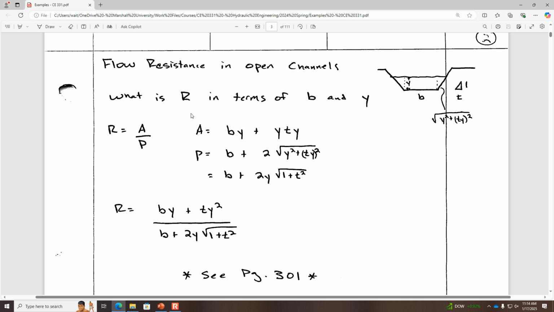And then here is a triangle which has a certain height, and the height of that triangle is t times y. I'm sorry, y is that side of it, t times y is the combined effect of both of those triangles together.